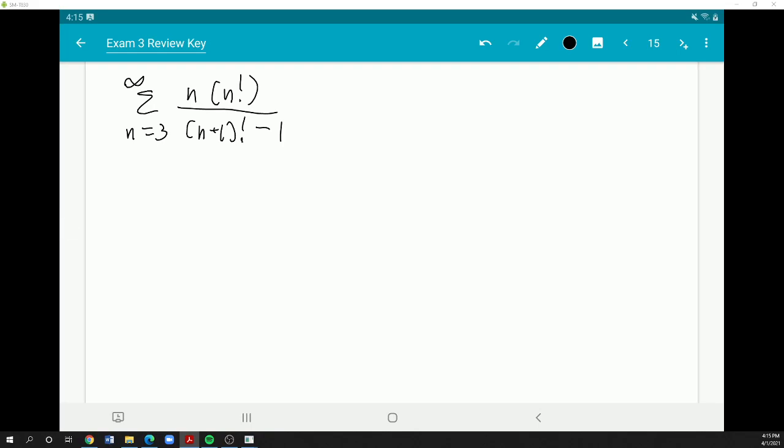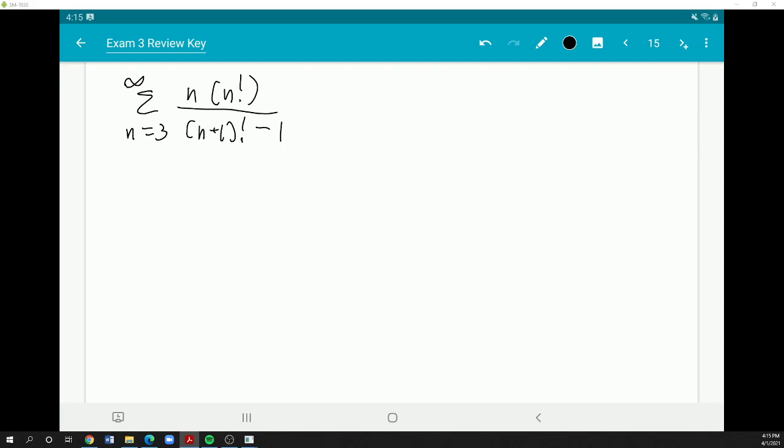So the first thing I want to do is check for convergence. I look to see if this either converges or diverges. Do I have an easy test to check convergence or divergence? Not really. For divergence, I might want to take a limit, but I've got an n factorial and an n plus 1 factorial, and that n there makes things weird.